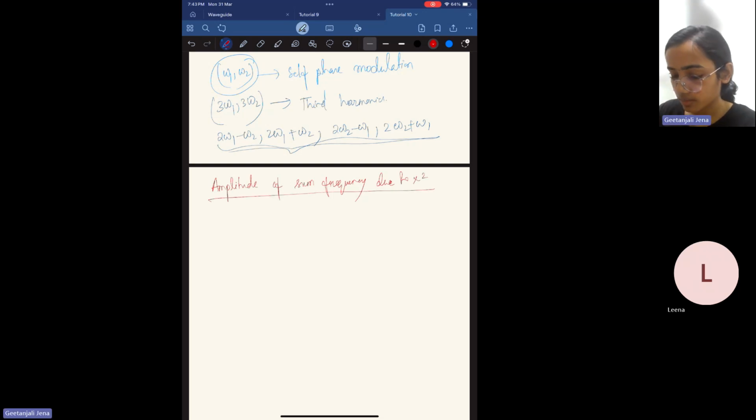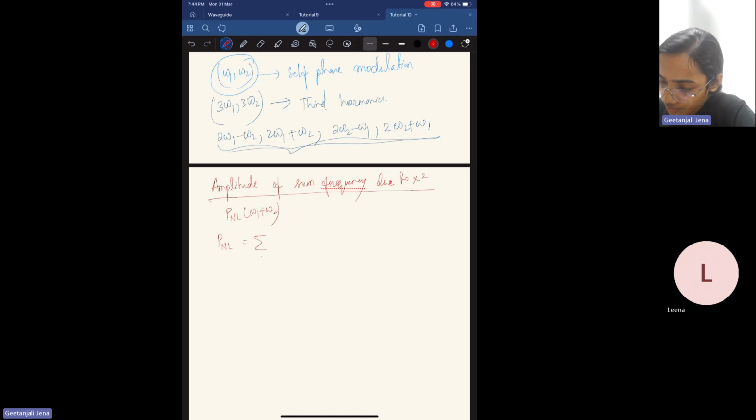So amplitude is nothing but finding out what is the PNL at omega 1 plus omega 2. Sum frequency means omega 1 plus omega 2. The expression for PNL is already given.